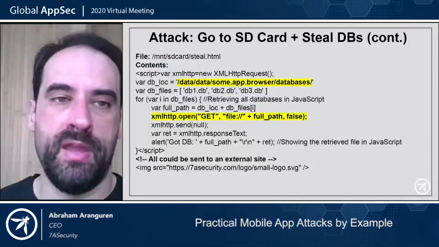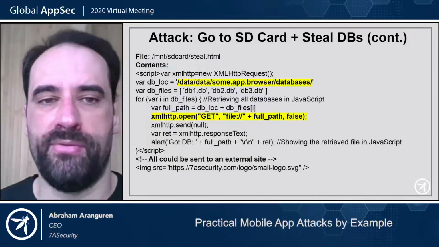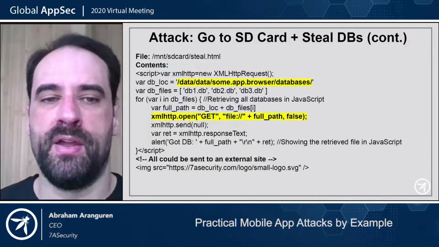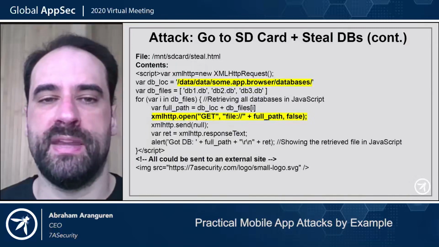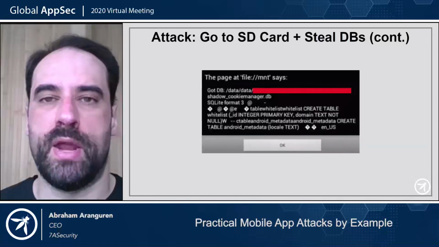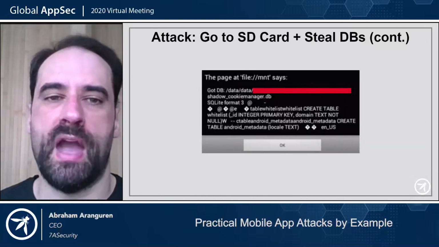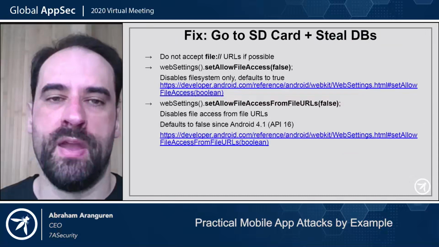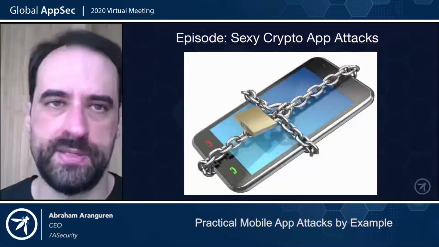And then from the HTML file on the SD card, we can dump all the databases and sensitive files that the application has and send them to an attacker, right? So this would be how it looked like at the time. Yeah, and this is how you fix this.